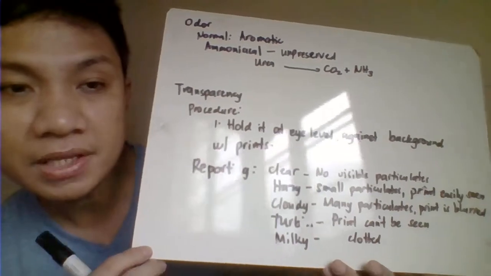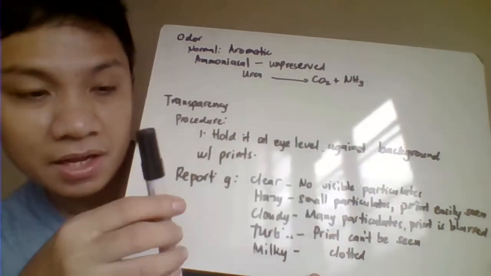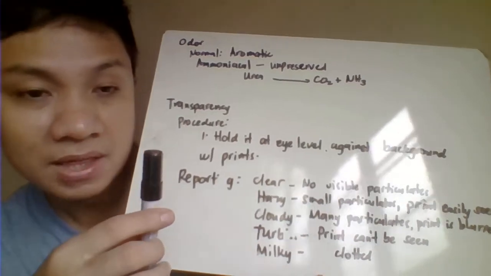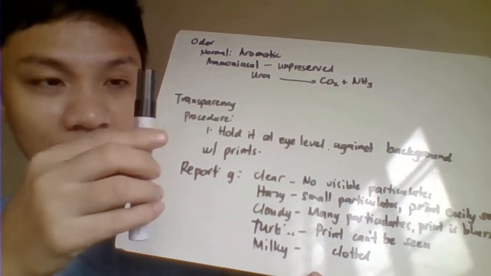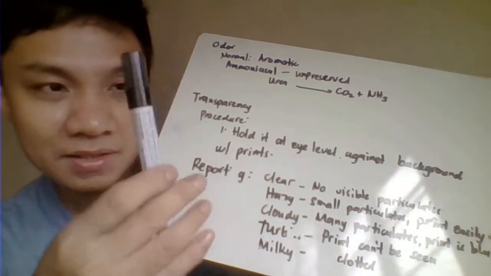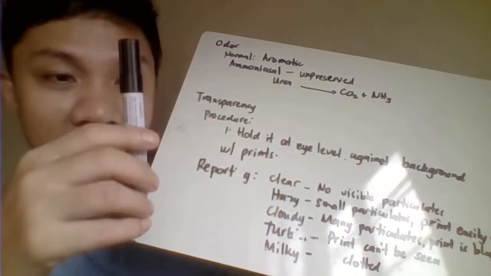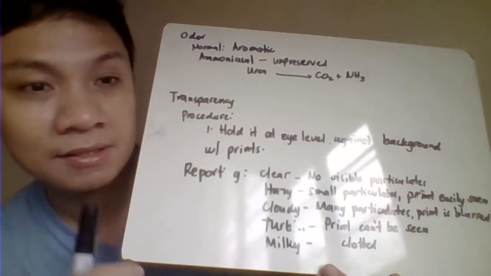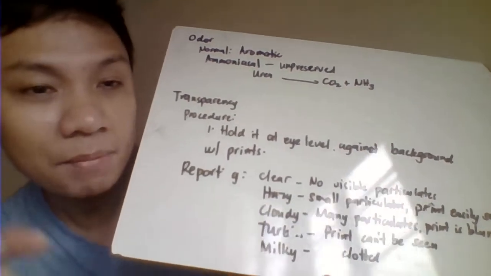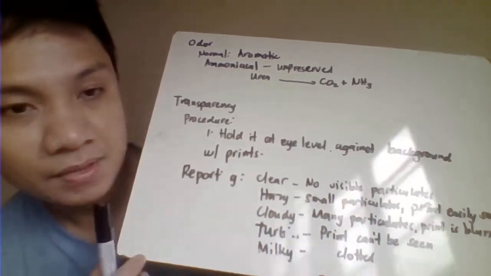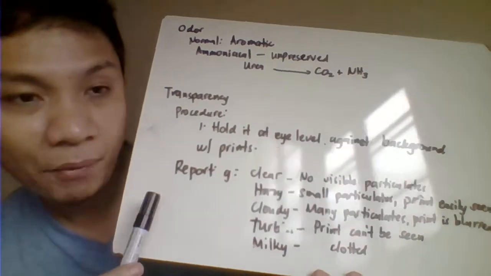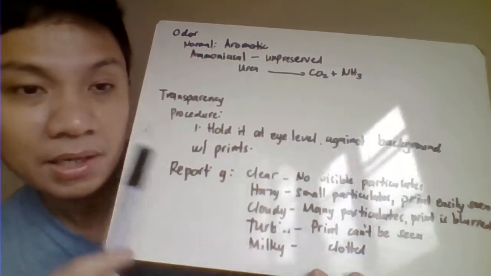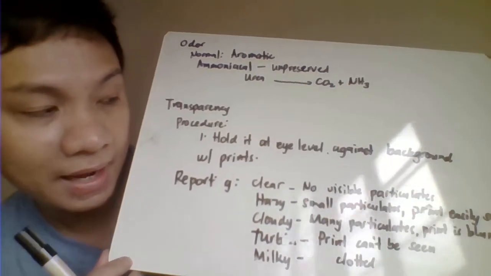Okay, the procedure for the transparency. If you have your test tube, your background should be newspaper print. The observation of the transparency is done by holding your test tube at eye level, and the background should be printed, like newspaper, basta with prints. Here is the reporting. You report clear if the specimen is very transparent.